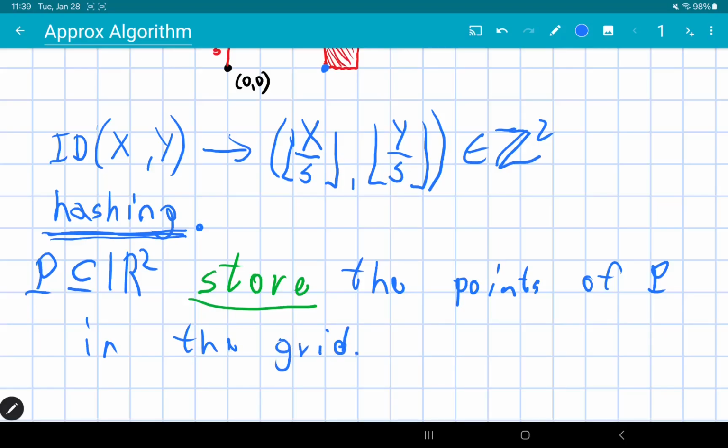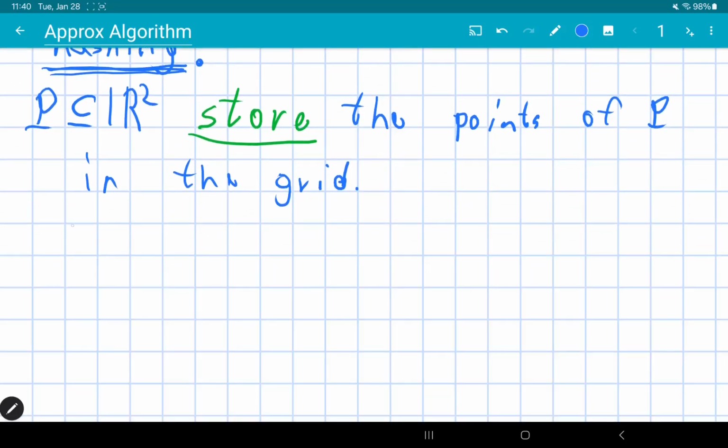What does it really mean? It means that for every p in P, I essentially store, in a hash table, the point p under the ID of p.